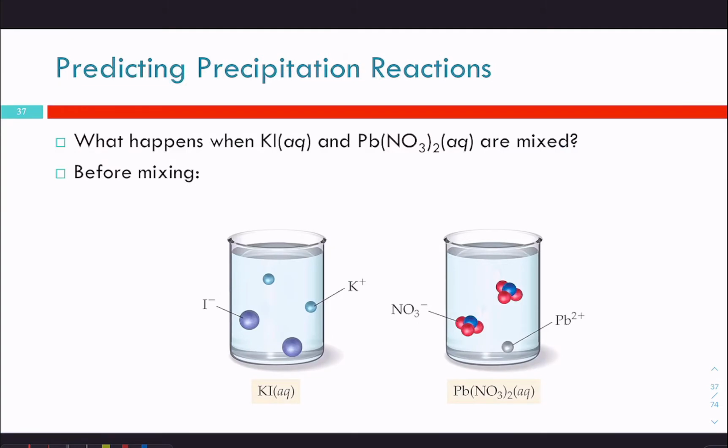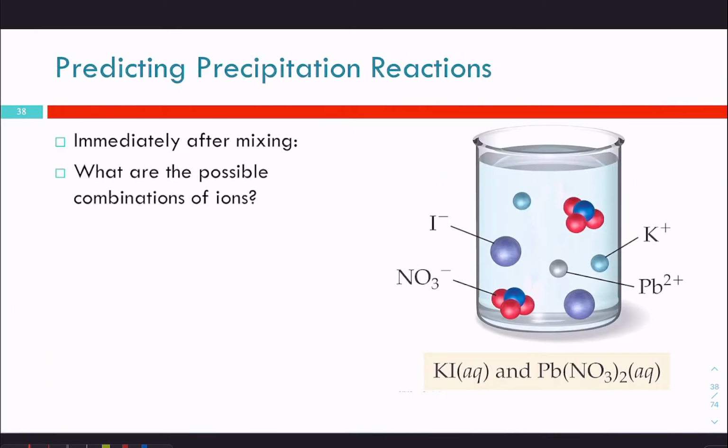So this is the reaction from that previous slide with the yellow cloud. If we mix potassium iodide and lead nitrate, before we mix those, we have our two aqueous solutions. So they're homogeneous mixtures, right, with these separate ions inside. And when we mix those together, we have to consider what are the new combinations that we can get.